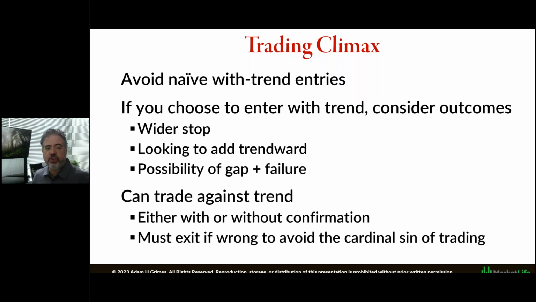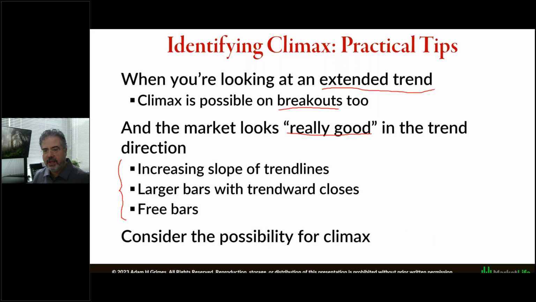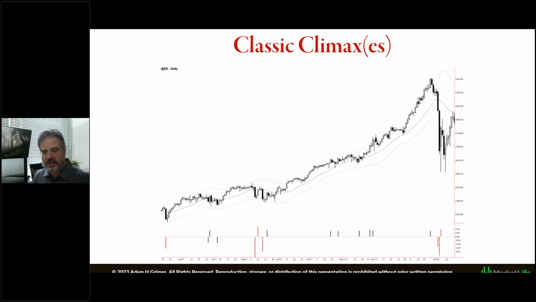If you do choose to enter with trend, I want you to consider that one possible outcome is you buy this bar and then 3 days later it looks like this. So a lot of times traders struggle because we get kind of locked in to the normal ways that patterns play out.